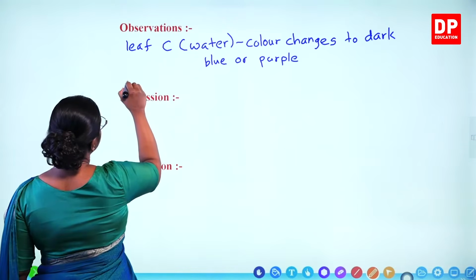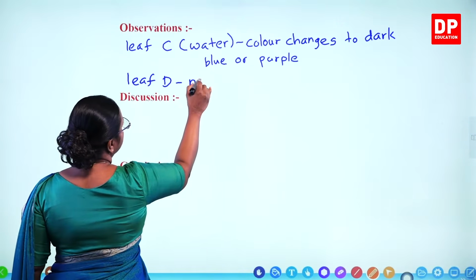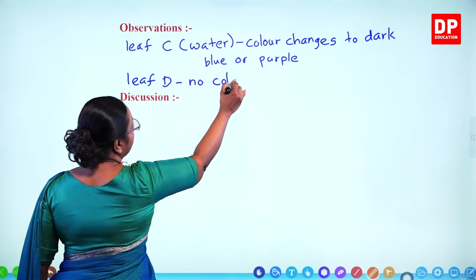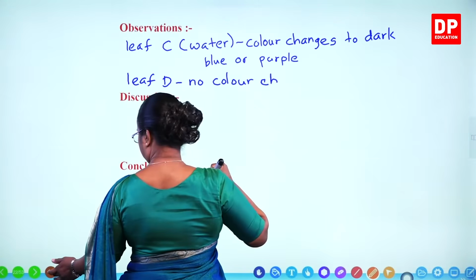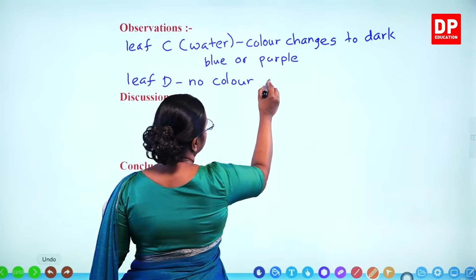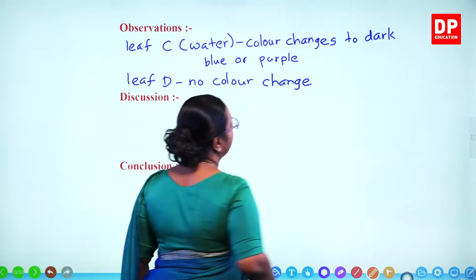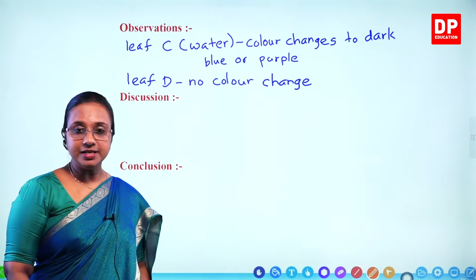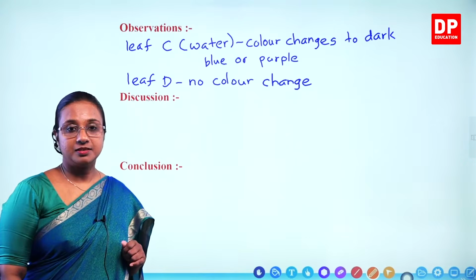And what happens to leaf D? There is no color change when we test with iodine solution. So what is the reason?